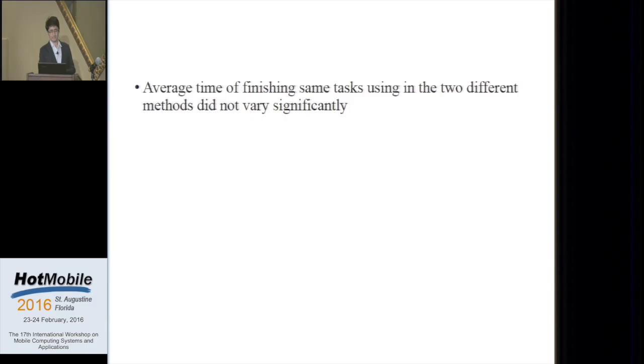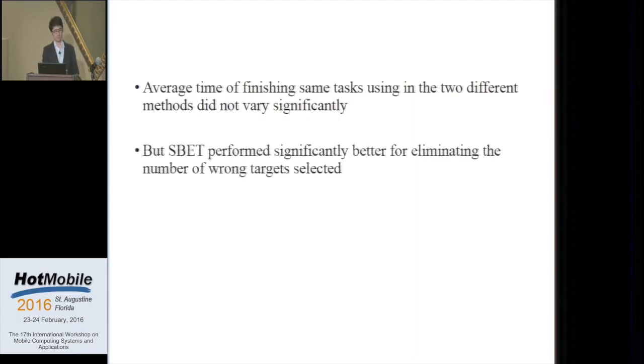So, conclusion: the time to finish the same task between the two techniques didn't vary significantly. But SPET performed significantly better at reducing the number of wrong target selections. I think this could be very crucial if mechanics want to perform another operation right after they select the right target.